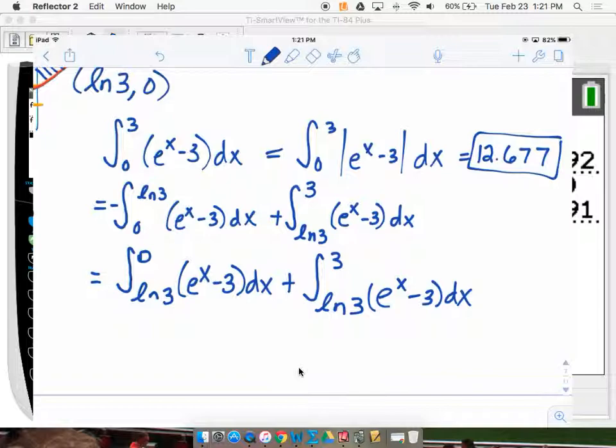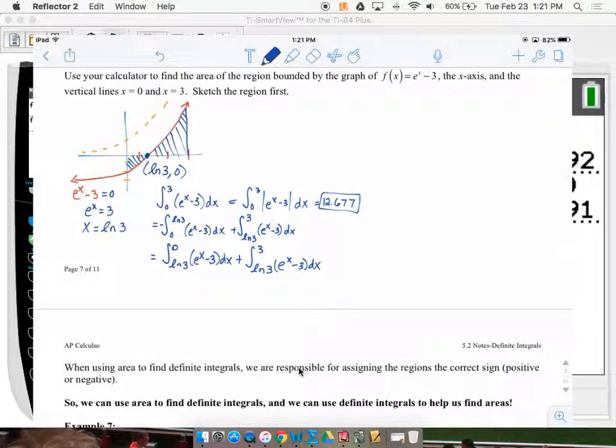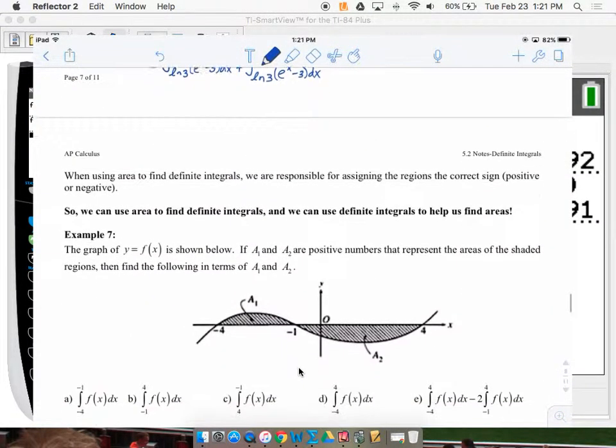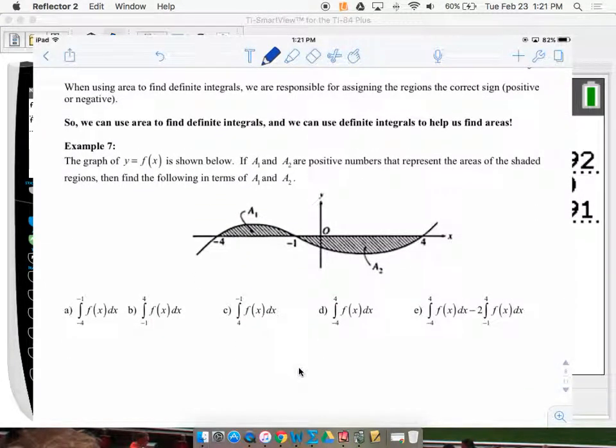Oh, I think you switched this one. So you're going from 3 to ln of 3. It needs to go from ln of 3 to 3. Yeah. All right, so again, you can use the calculator to have like way too many integrals.